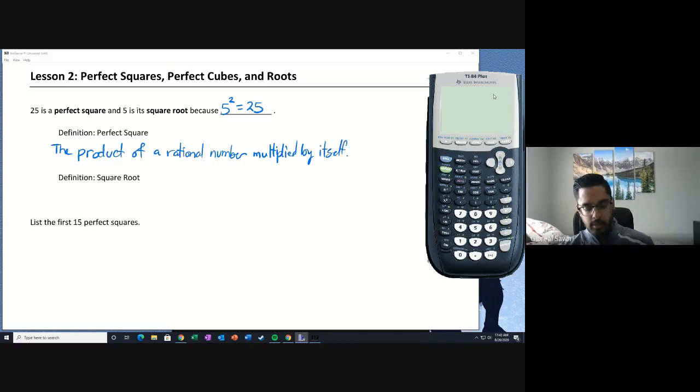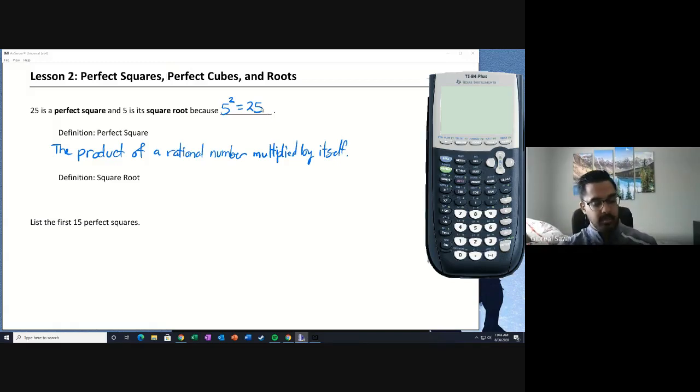Okay, and a rational number is just something that can be written rationally, so we can write it as a fraction. So 5 in this case is going to be our rational number. Now I can write that as a fraction by doing 5 divided by 1. If I multiply it with another identical fraction, 5 over 1, you're going to get the value of 25 over 1, which again is going to give you that perfect square number.